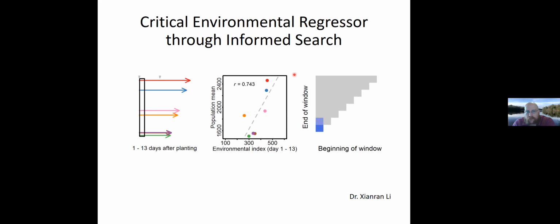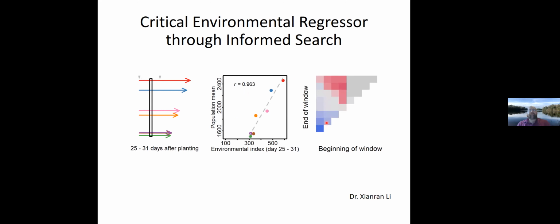We go to the next window of time, here 1 to 13 days after planting, calculate a correlation, fill in the heat map, and we do this over and over again until we find the maximum correlation with environment means, which here is 0.996. Then we would use that environmental index in place of environment means.